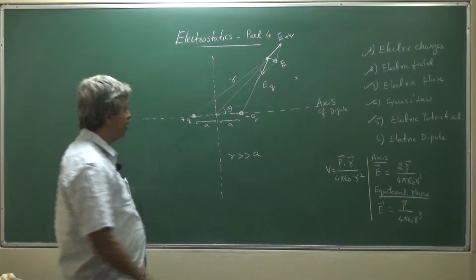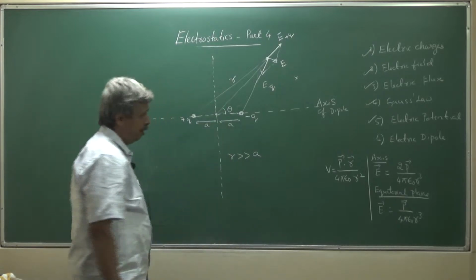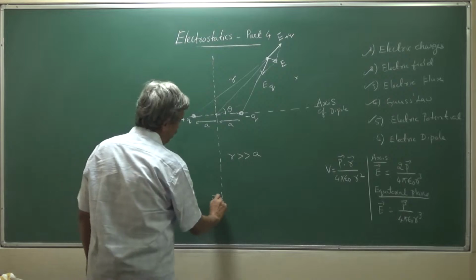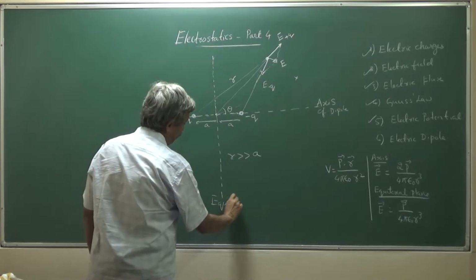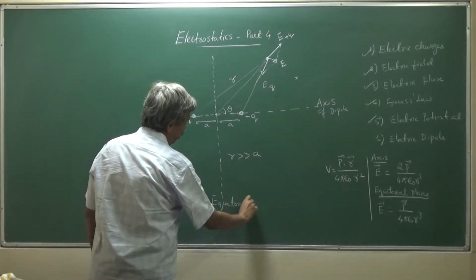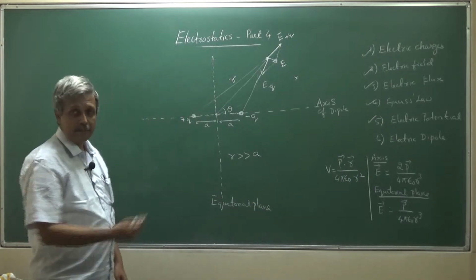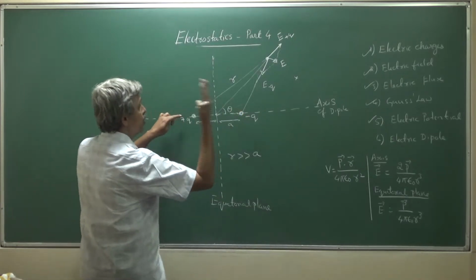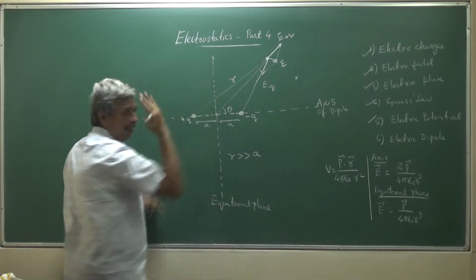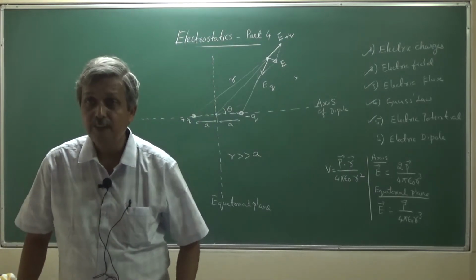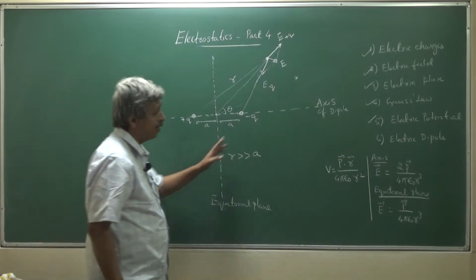Another line, when we draw it here, we call the equatorial plane. Please understand that it is a plane, not a line, because this is 3D space. So there is an equatorial plane and an axis.